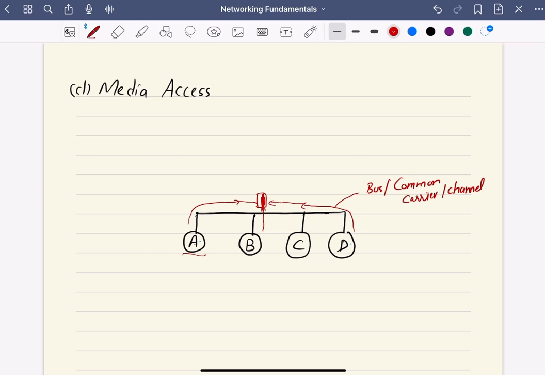In order to control the access, in Ethernet we use CSMA/CD. What does it stand for? It stands for carrier sense multiple access method with collision detection.